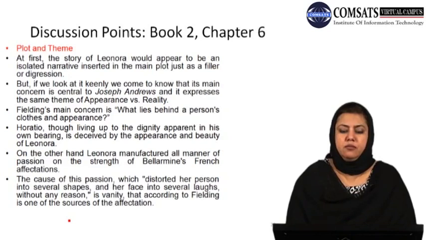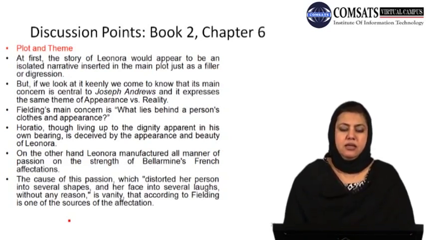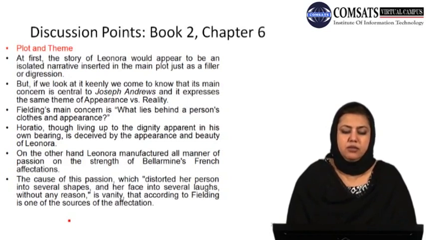The kind of French finery that Bellarmine was displaying, the kind of manners and mannerism that are so-called manners of the upper class, he was exhibiting all that added to his appearance, and it attracted Leonora. The cause of this passion distorted her person into several shapes and her face into several lofts without any reason.